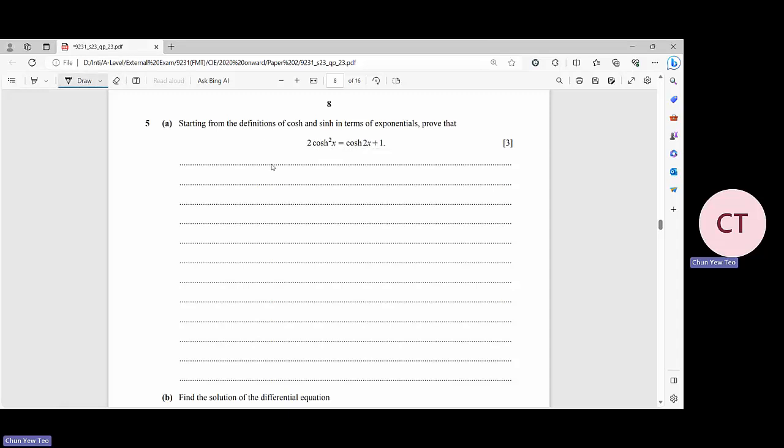For proving the identity, you can go from the left or go from the right. Here I will go from the left: 2 cosh square x. We cannot apply the result directly; we just need to use the definition starting from the exponential function. So cosh x will be e power x plus e power negative x over 2, squared.